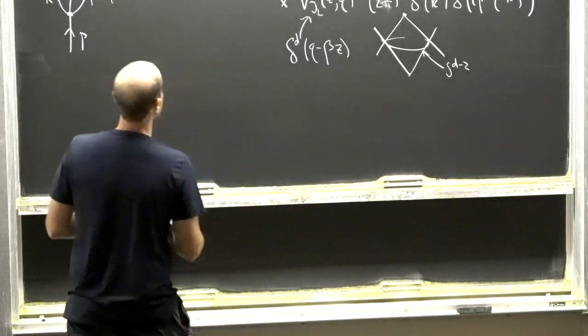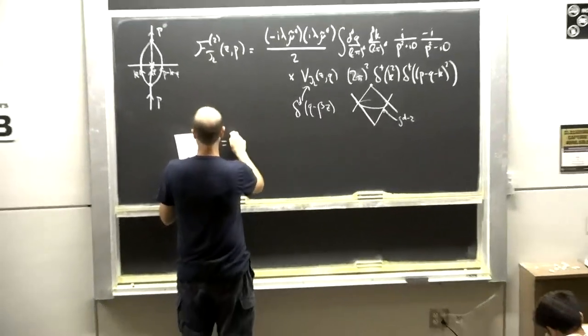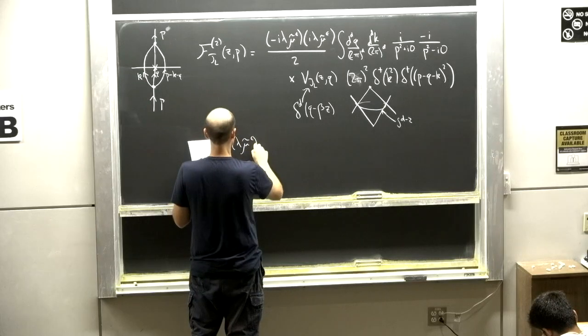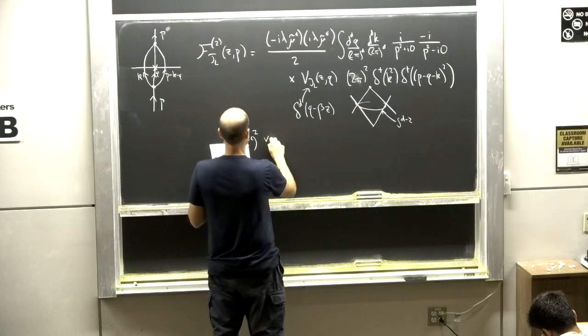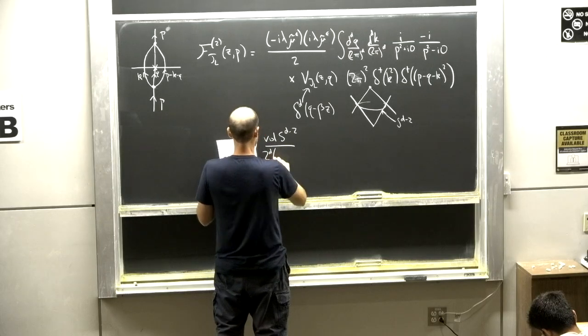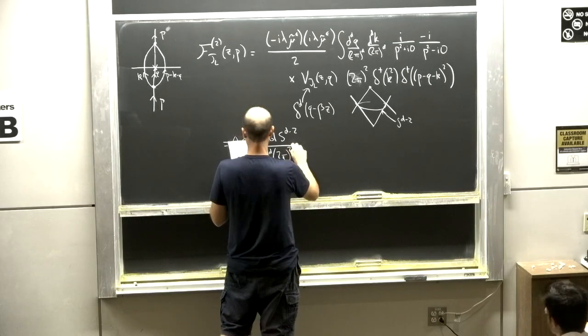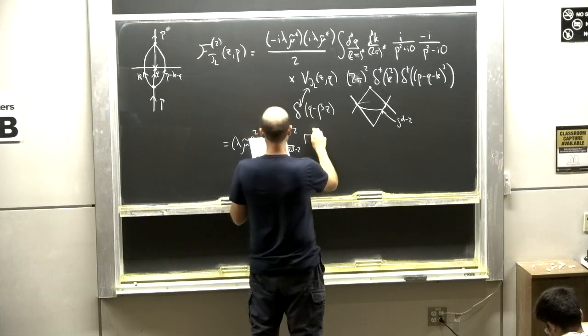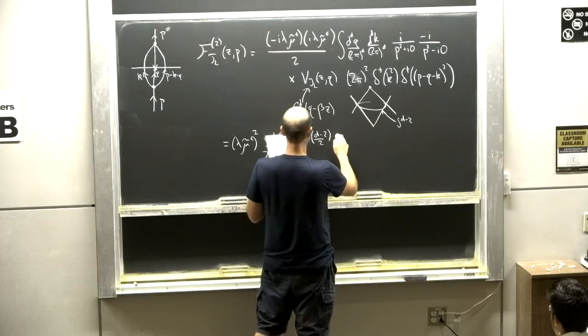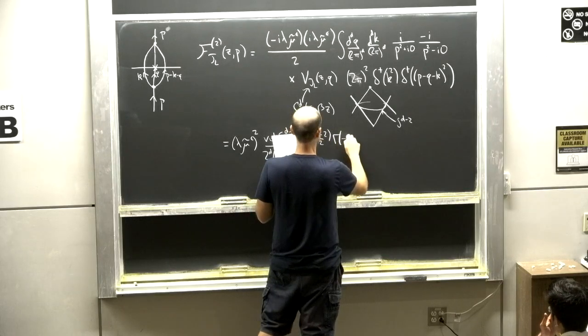So the final answer is lambda mu twiddle to the epsilon squared. There's a volume of the sphere, and then various factors. And there's some gamma functions, which come from doing the integral over beta, which is the last thing that you do.